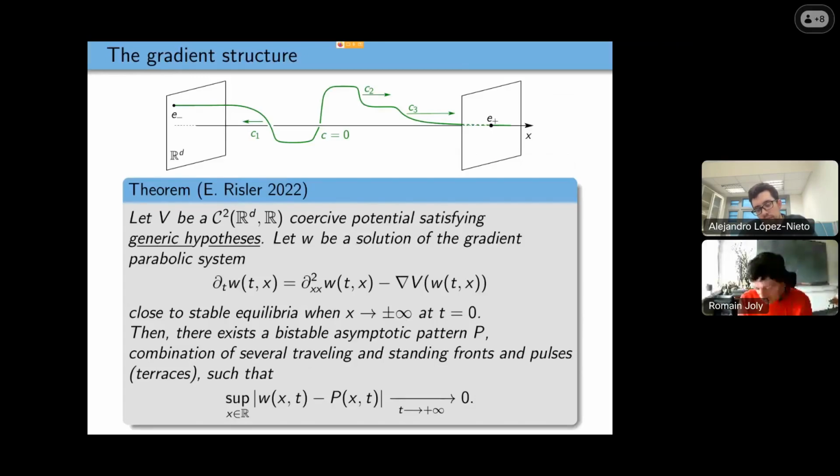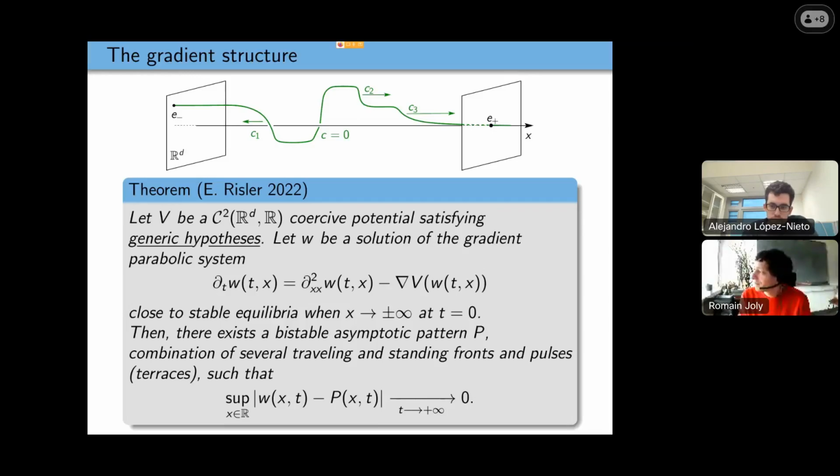Now you can ask what happens if you just consider a system of parabolic equations where we have a nonlinearity which is not the gradient of something, which is very relevant if you look at biology, chemical things, and things like that.